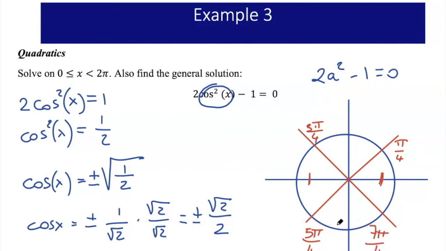Now, if I want to write the solution, I can write this plus any revolution, this plus any revolution, and so on and so forth. But you notice that the distance between each of these is simply half pi.